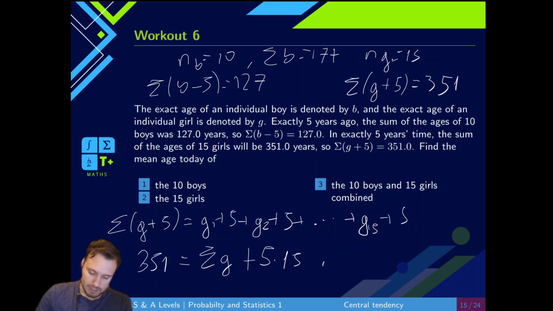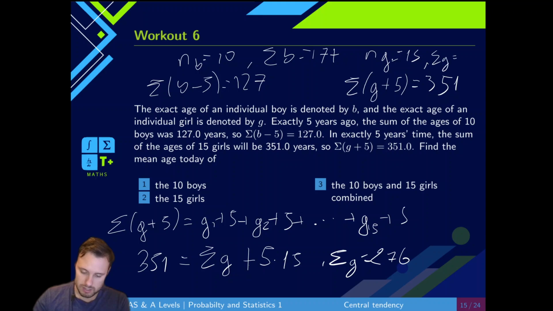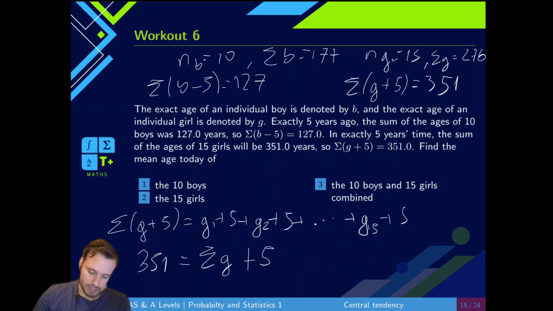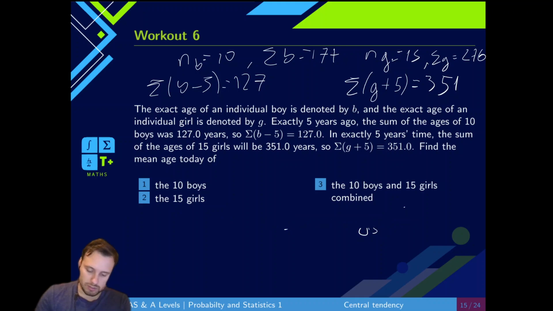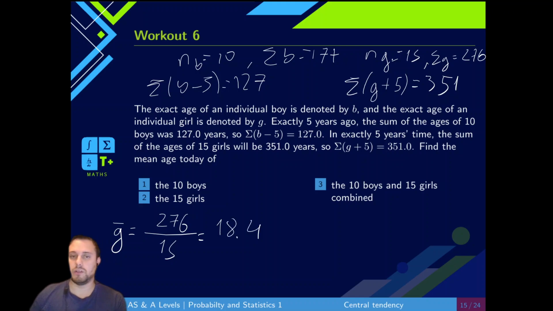So we can get that the sum of G is going to be equal to 276. I'm going to write that down here, that the sum of G is 276, and we can find the mean value for the girls. The mean value for the girls, that is again G bar, is 276 divided by 15, that will give us 18.4. So there we have the mean for the boys and the mean for the girls' age.